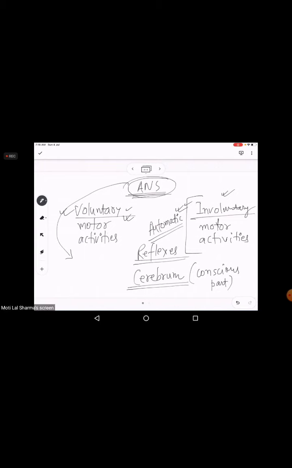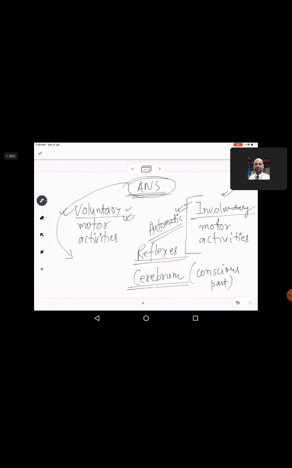Nobody can stop their heartbeat by wish. Your heart is moving, so that's motor activity, but that movement is not under your control. You cannot start it or stop it, so it is an automatic, involuntary motor activity, and such involuntary motor activities are controlled by the autonomic nervous system.